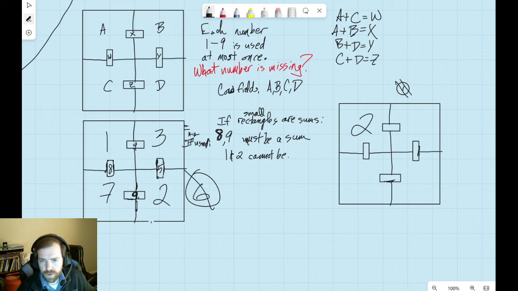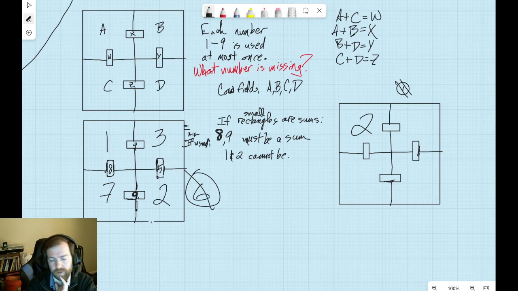Okay, so with a 2 being the lowest number, the 8 and the 9, again, we can't do anything with it, and in fact 7, if it's attached to only has one other number it can be matched with, which is 2. So 7 is also going to have to be a sum.